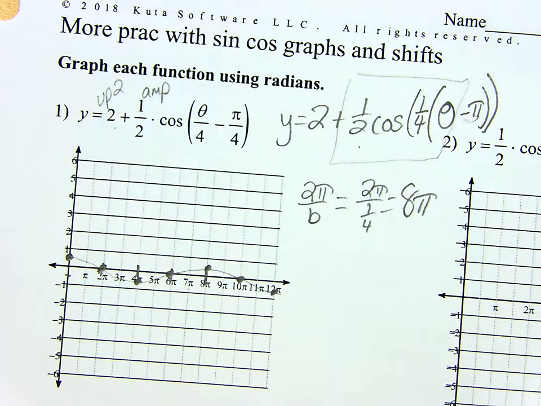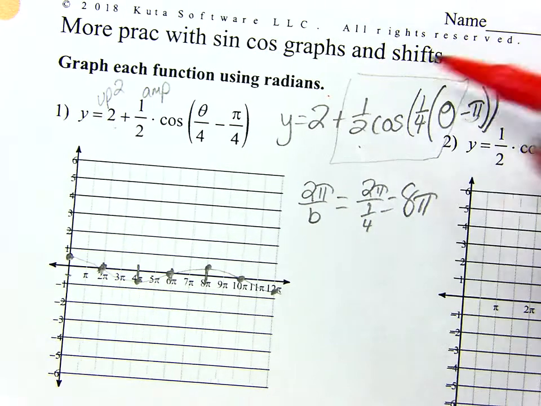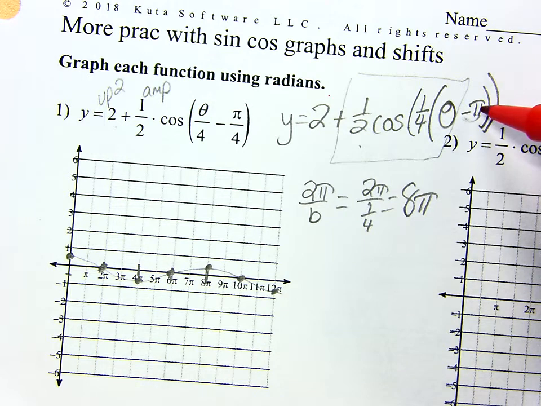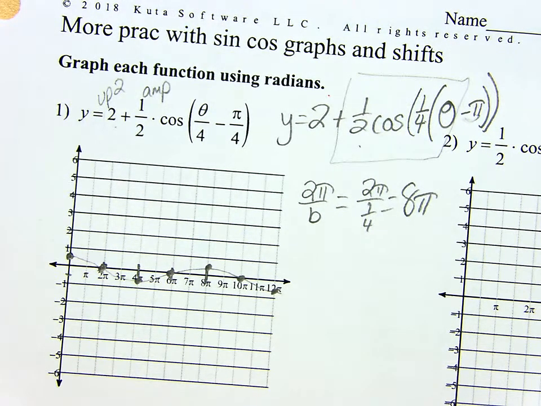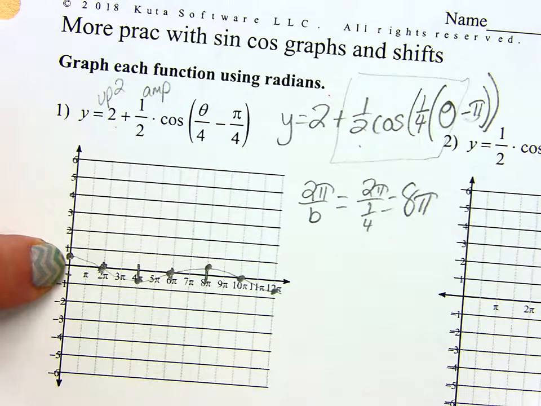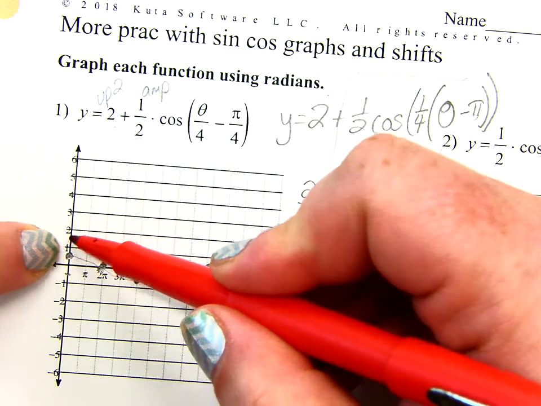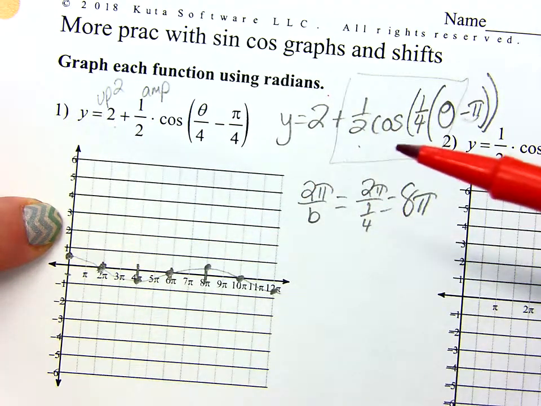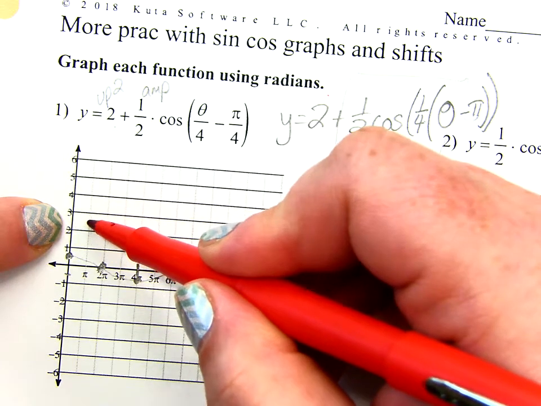And now I'm going to do those shifts. So we already said it's going to be up 2, and it's going to be to the right pi units. How many boxes is pi on the scale? 1. So I want to go up 2 whole units, and each box is 1, so it really is just 2 boxes. So I'll take each point. I will move it up 2, and I will move it to the right 1.